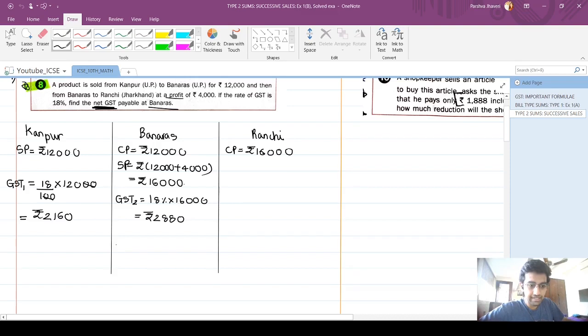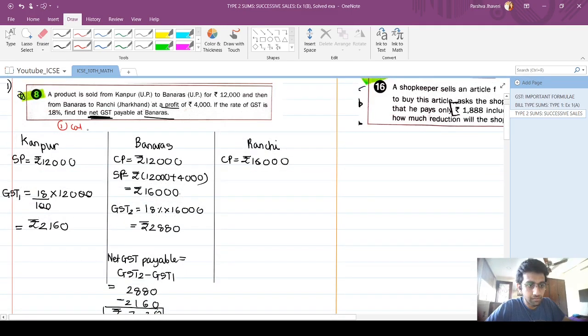So net GST payable at Banaras is nothing but always GST2 minus GST1. So you will get 2880 minus 2160. This will give you about rupees 720. And this is your answer, guys.